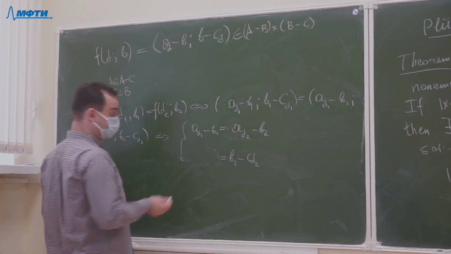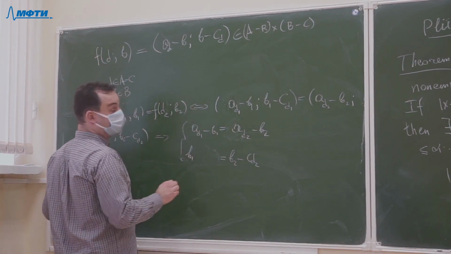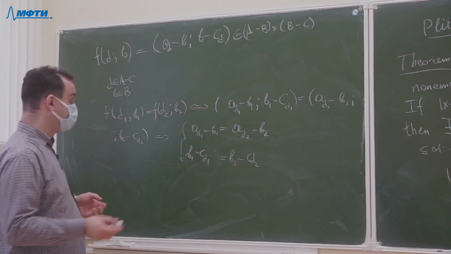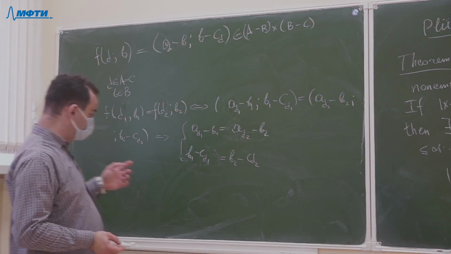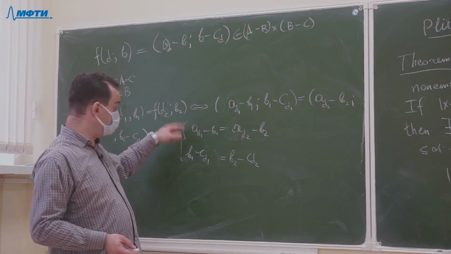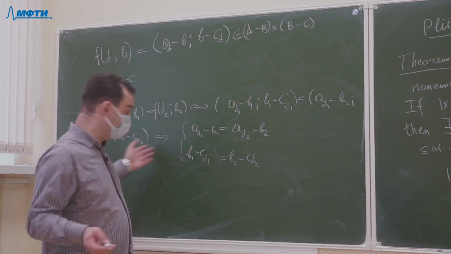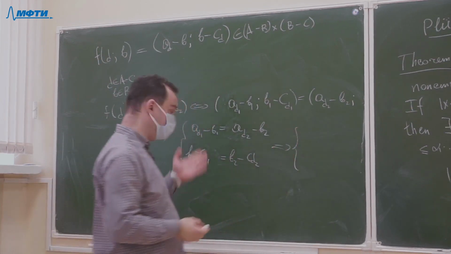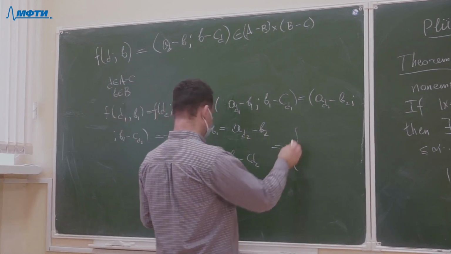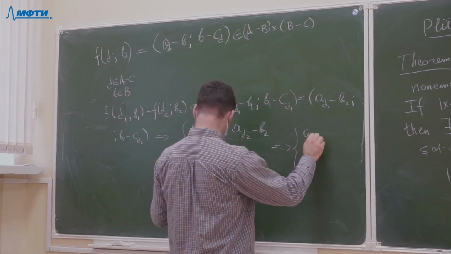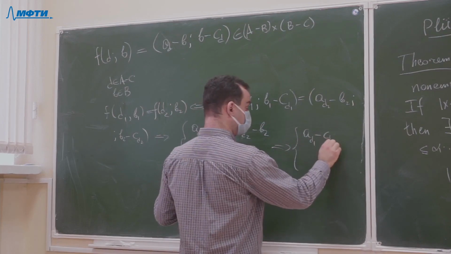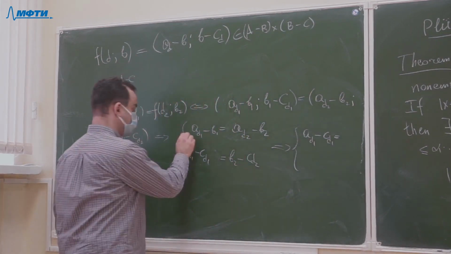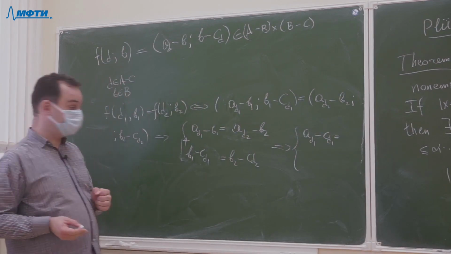Sorry, that's my mistake, b1 minus c d1. Right, this one. Now add the two equations, right? From this follows that a d1 minus c d1 equals a d2 minus c d2. Just add these two equalities.